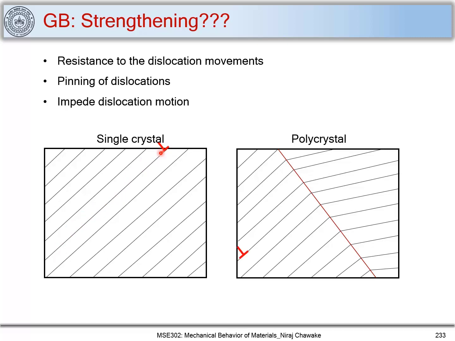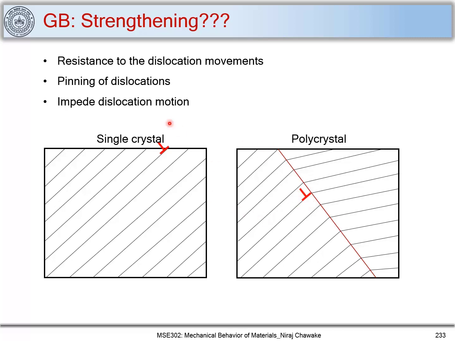Now in the case of a polycrystalline material, what will happen? This dislocation will move under the influence of stress, come across this boundary, and get stopped over here. To cause further deformation, I need more stress to move this dislocation.